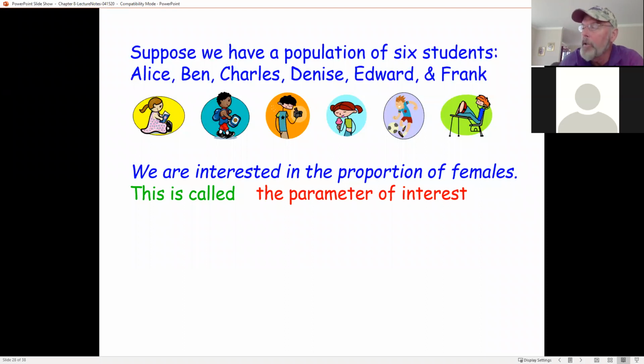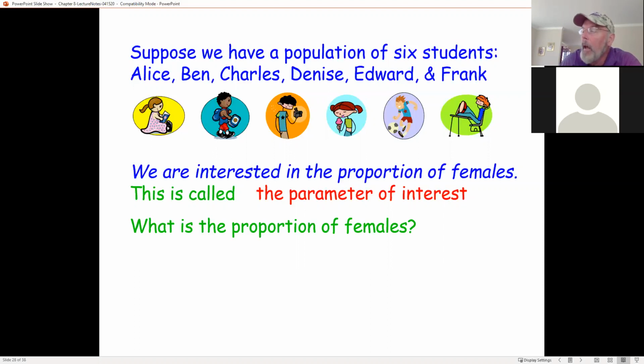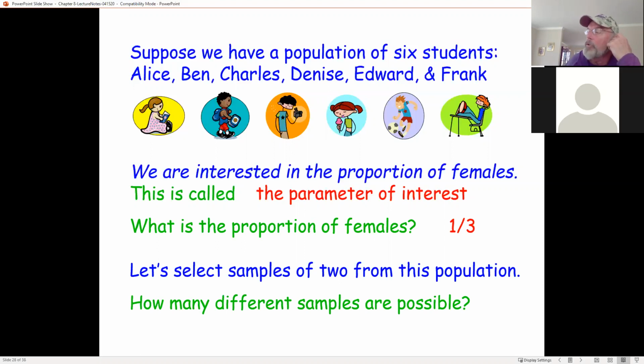So the parameter of interest, if we're interested in the proportion of females, is P. That is the parameter, and so if we were to look at the proportion of females, it would be 2 out of 6, or 1 out of 3, as a proportion.